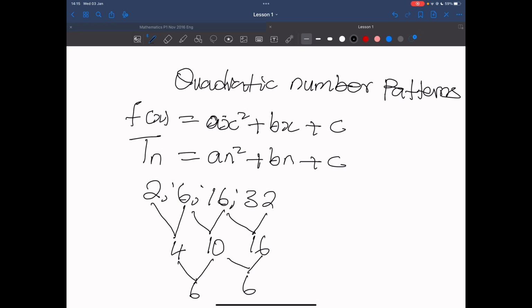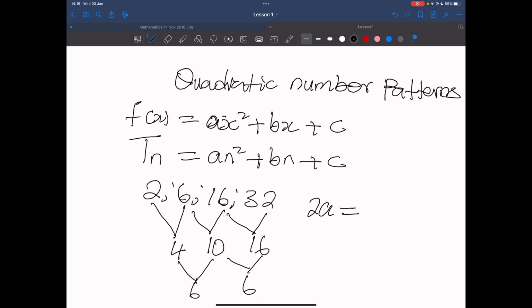Now that we know there's a second common difference, we are able to use this to get a, b and c. To get the value of a, we say 2a equals the second common difference, whatever the second common difference that you would have found.